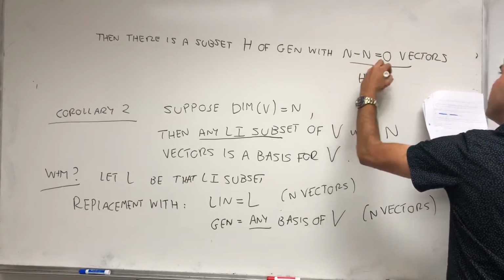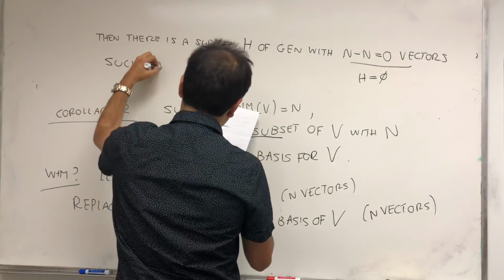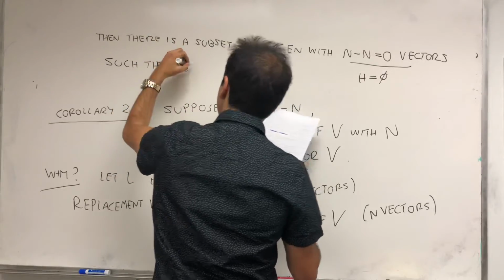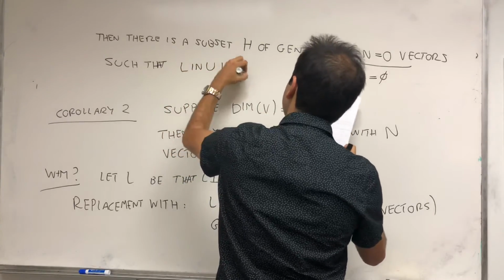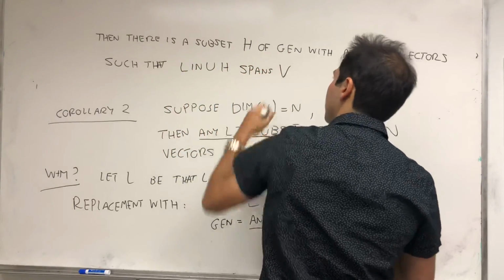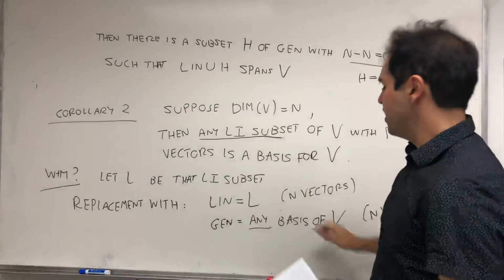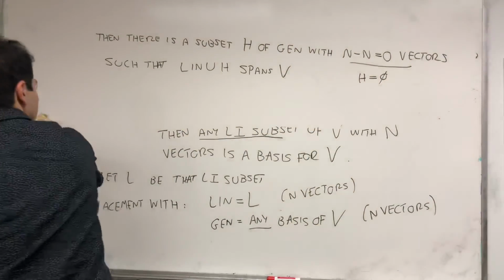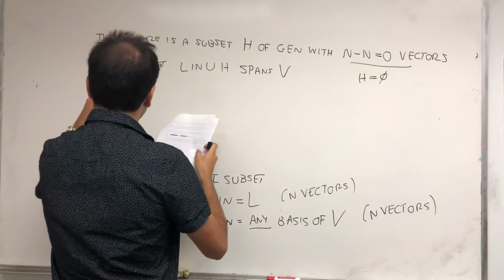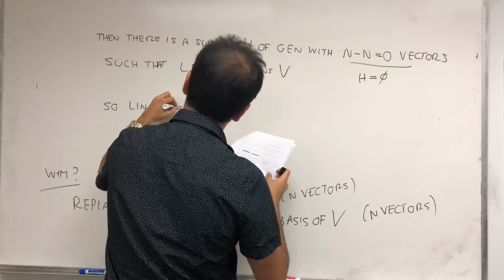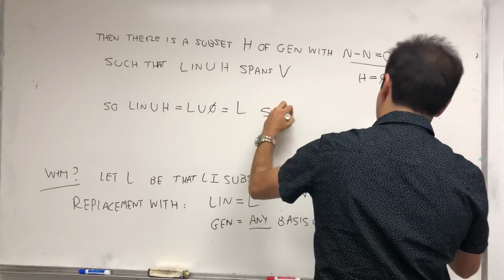So H is empty, such that L union H spans V. But then, what do we have? Well, L union H just becomes L, which is your linearly independent subset. So L union H equals L union the empty set, which is L, spans V.